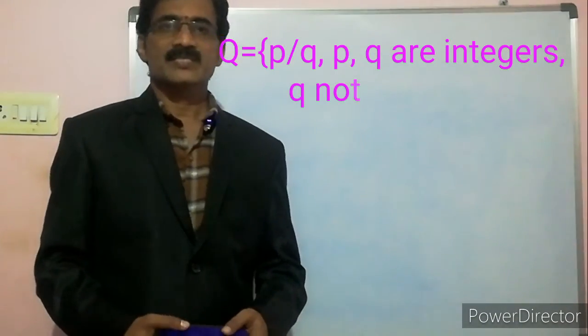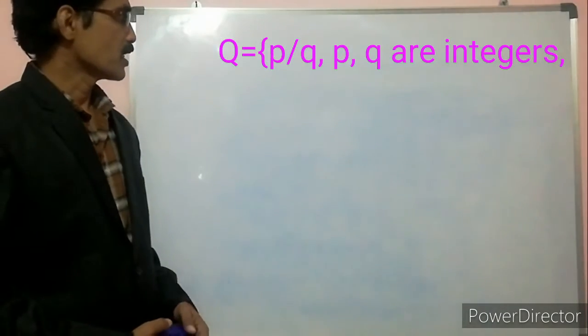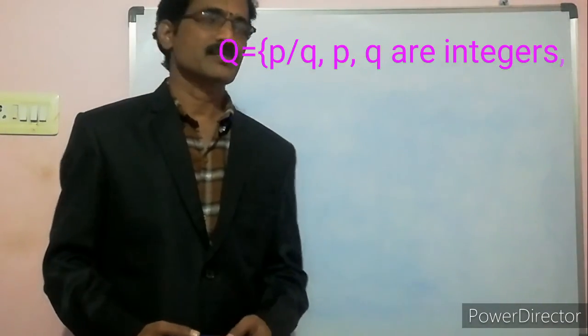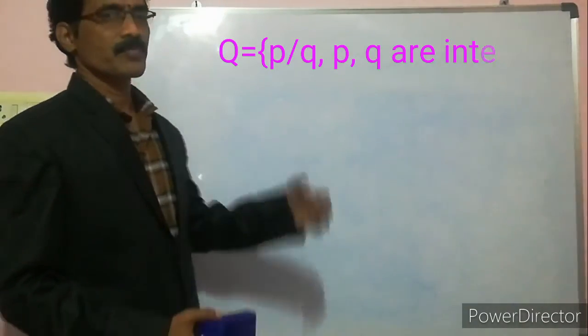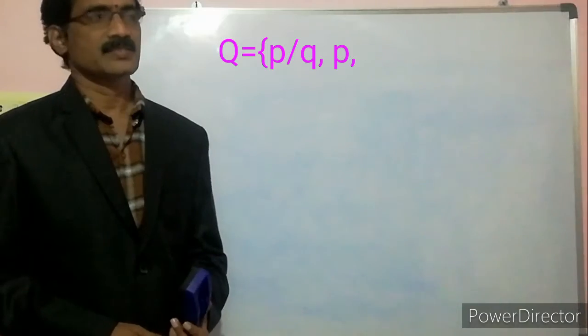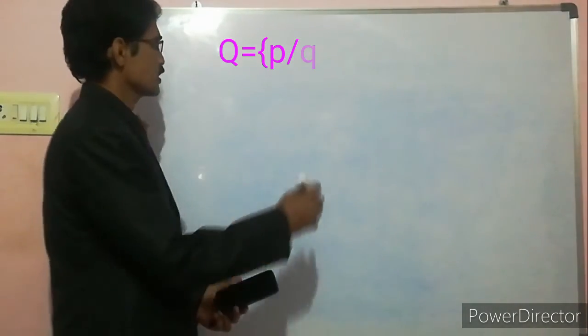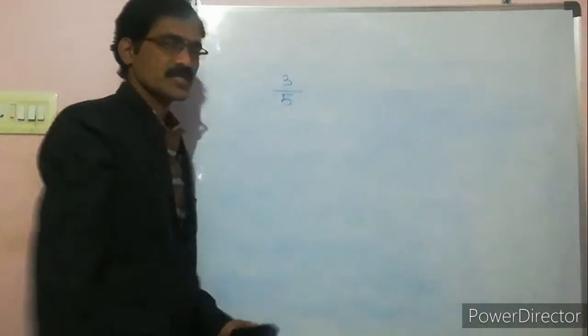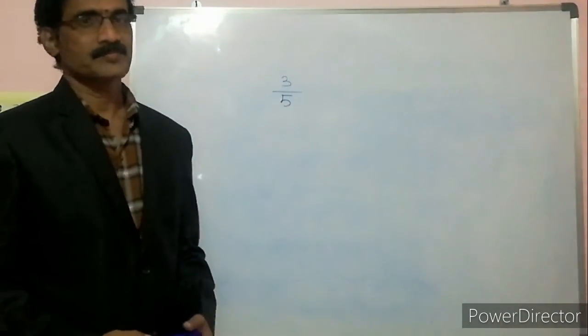Now in this class we shall discuss rational numbers clearly. Rational numbers are in the form of p by q, meaning fractions. For example, 3 by 5 is a rational number.